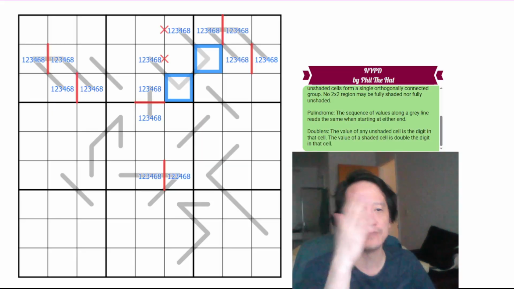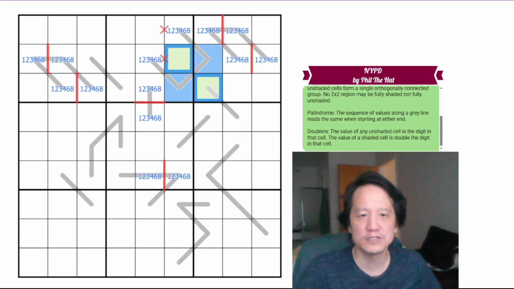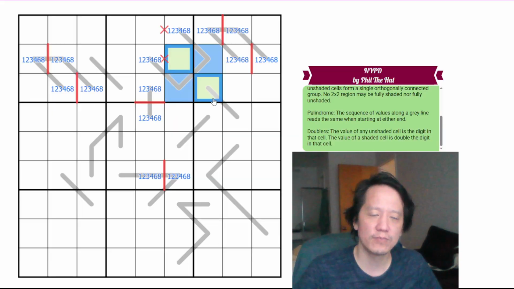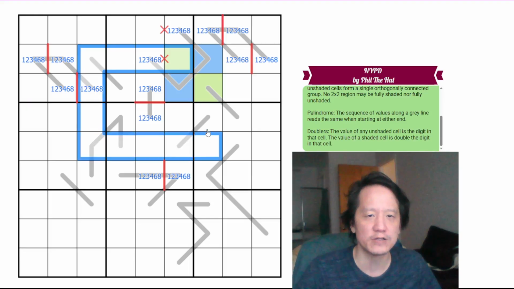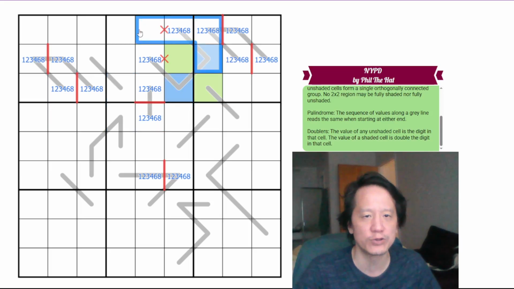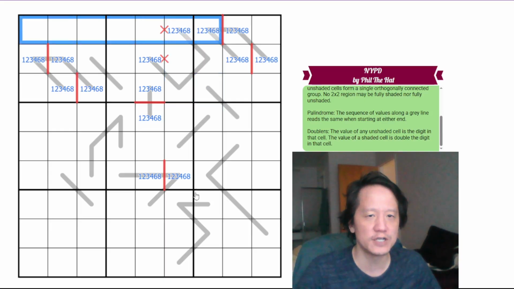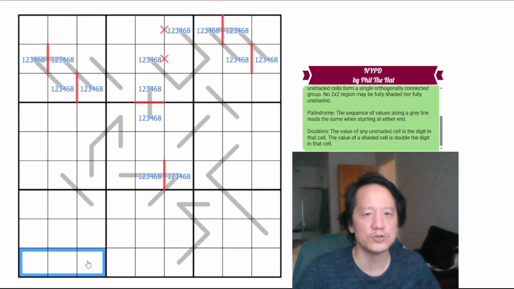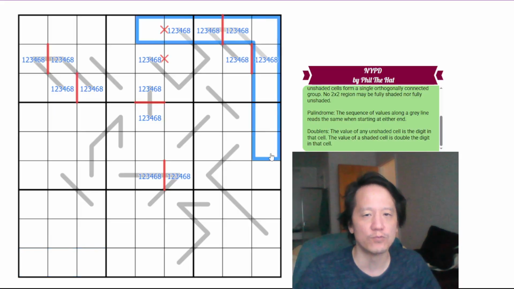If you have that cross diagonal, how are you going to make one orthogonal region of the green region while also still maintaining a single orthogonal region of the blue region? And the answer is you can't. Same with the grid, right? If you try to connect the two ends of the blues and then the two ends of the greens together, that won't work because one of them will be split into two regions.